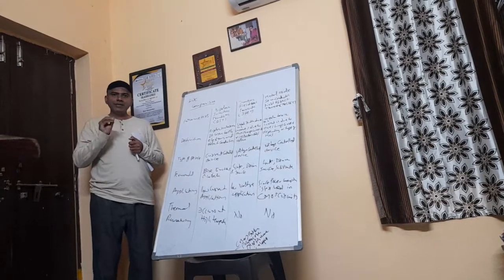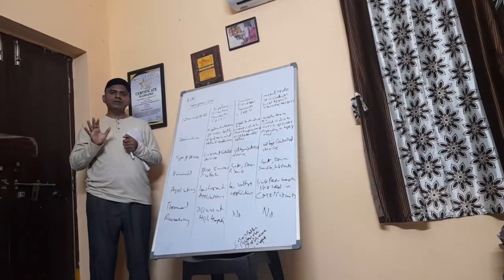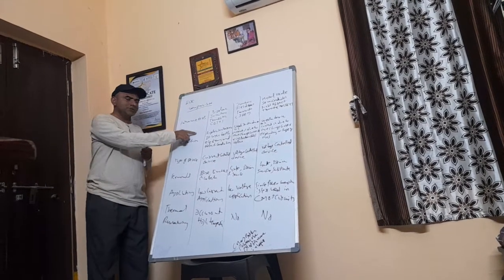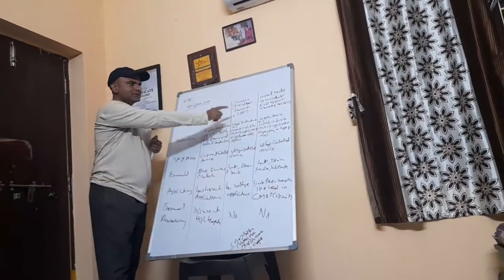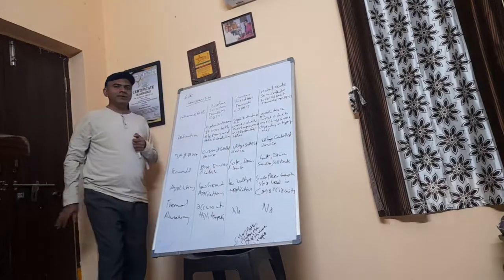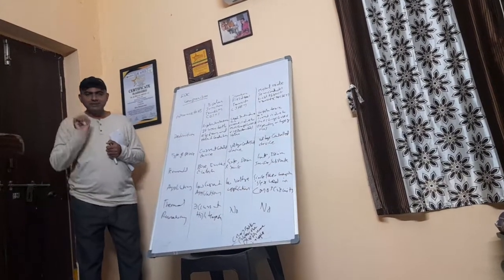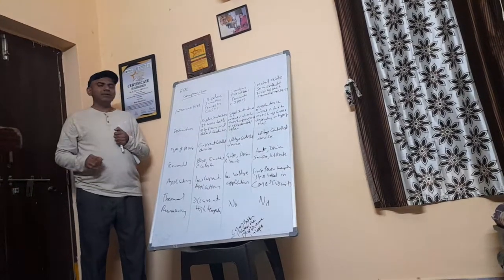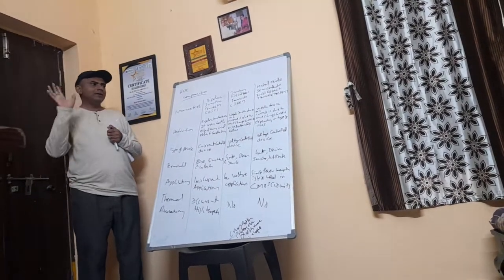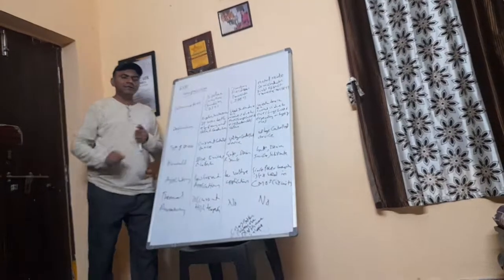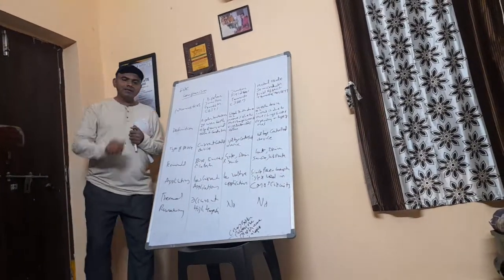In short, bipolar junction transistor is called BJT, junction field effect transistor is called JFET, and metal oxide semiconductor field effect transistor is called MOSFET.